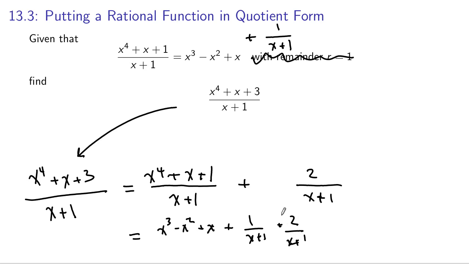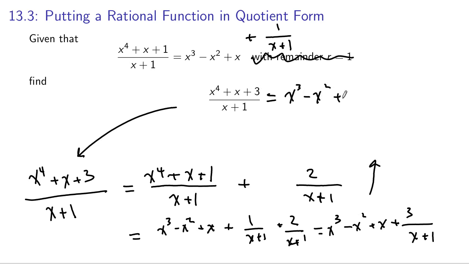And then we add the 1 and the 2 here, which equals 3. x cubed minus x squared plus x, plus 3 over x plus 1. Now we could say that this equals x cubed minus x squared plus x with remainder equal 3. Just like we had here with remainder equal 1, we can do the same thing in the answer.